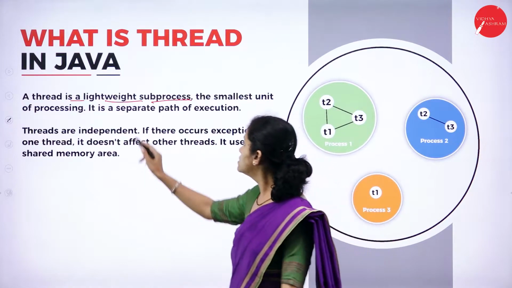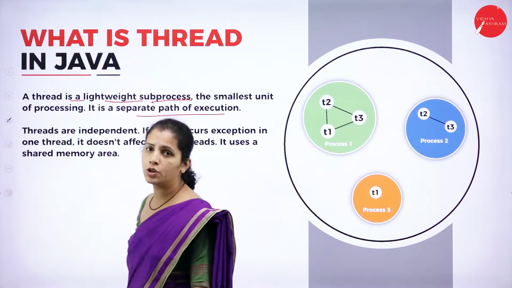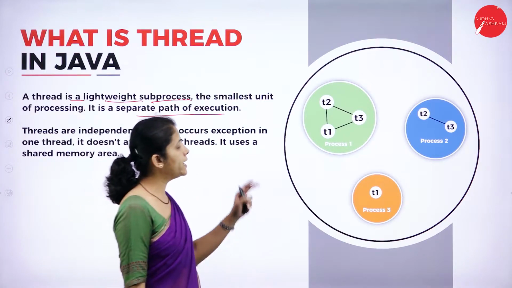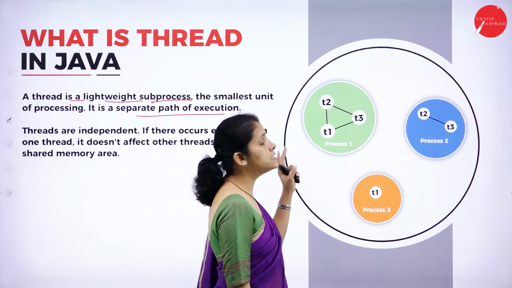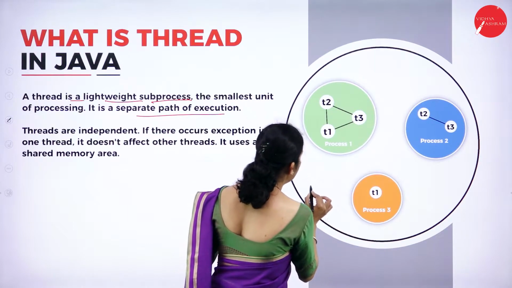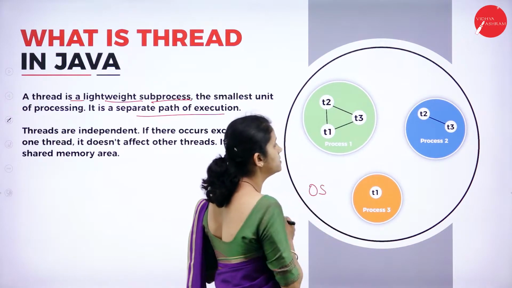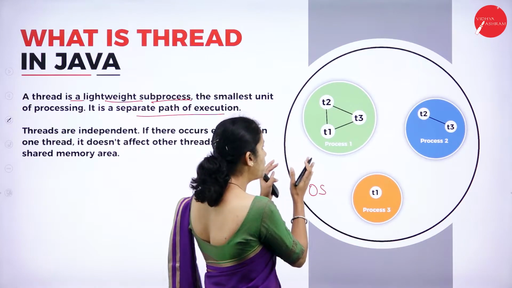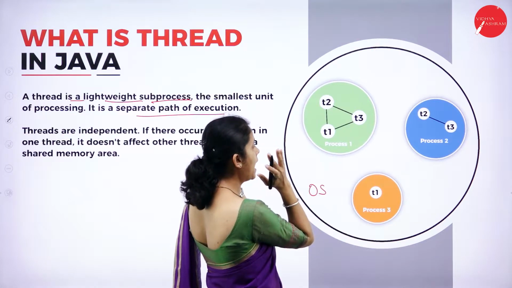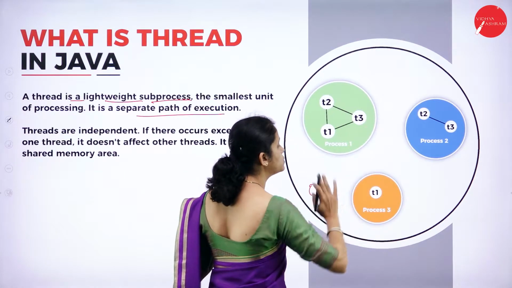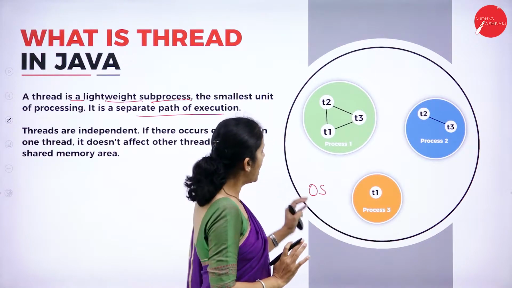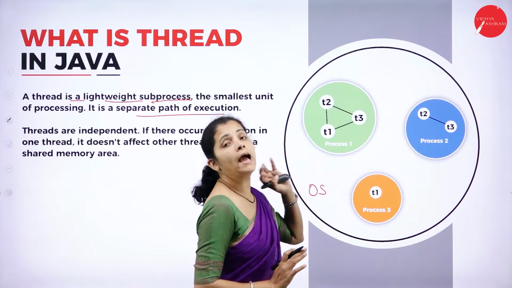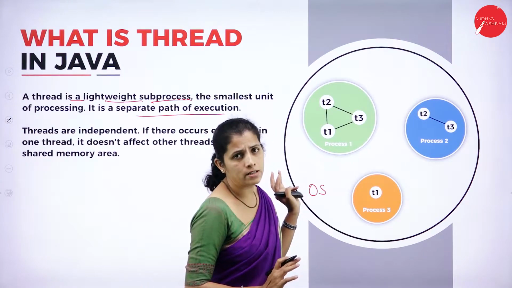It is a separate path of execution. Now, dear student, if I consider this diagram, this is nothing but the operating system. In this operating system, I'm going to have process 1, process 2 and process 3. A process may have n number of threads.